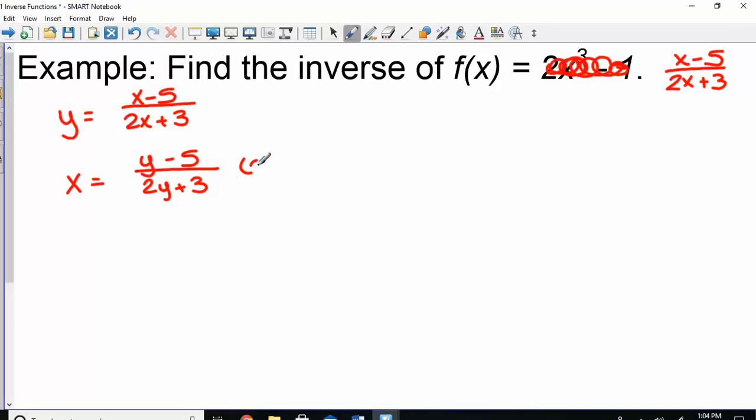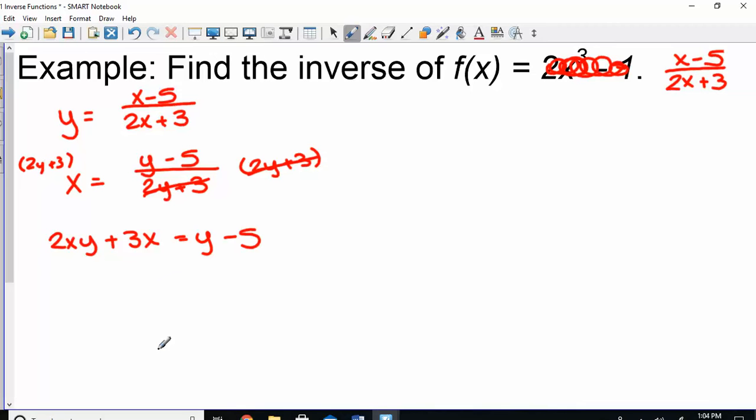So now we can solve for y. We want to get rid of the fraction, so we multiply by the 2y plus 3. Let's cancel. We distribute your x, we get 2xy plus 3x equals y minus 5.